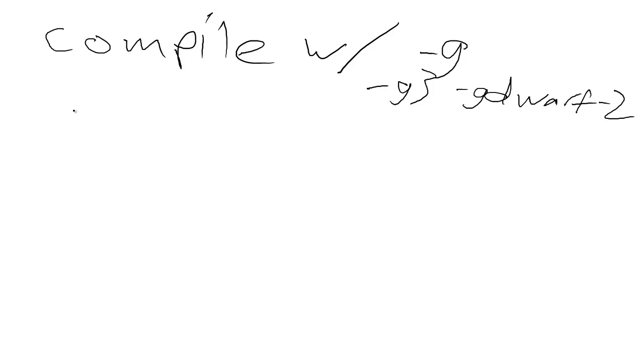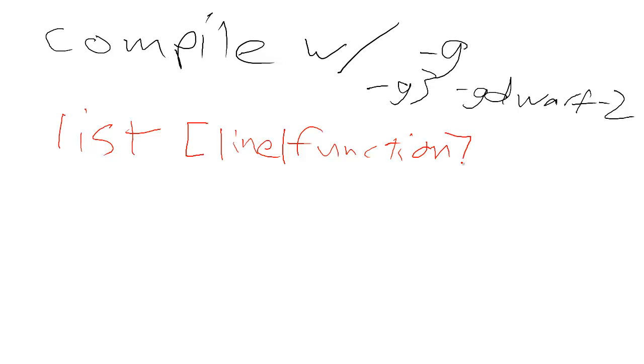If you want to print out some code where you are, then you can use the list command. And list will print out where you currently are, but if you want it to print out a particular line or a particular function, you can do that also.